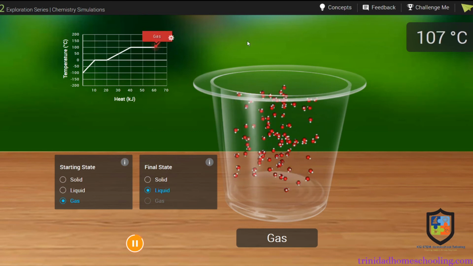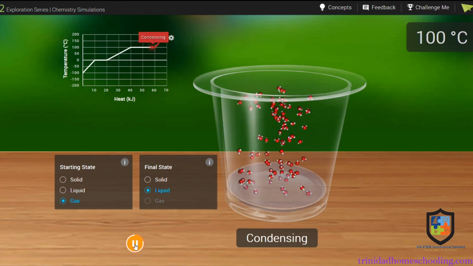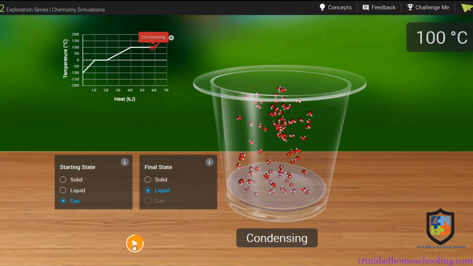We are going down the graph, and we are at 100 degrees Celsius. At 100 degrees Celsius we started this flat line. In our last graph, when it was going in the opposite direction, we were adding heat and we were vaporizing or boiling. Now that we are removing heat from the system, we are condensing.